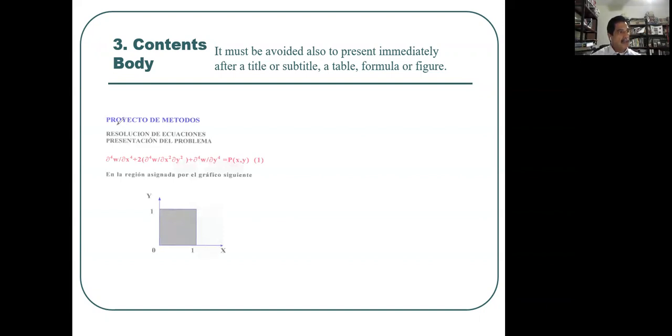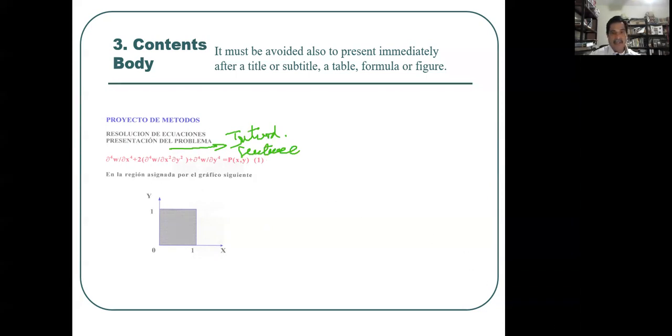And you see, this is the title, there was a sub-chapter here. And here, you go directly to an equation. So you need to include an introductory sentence before the equation.